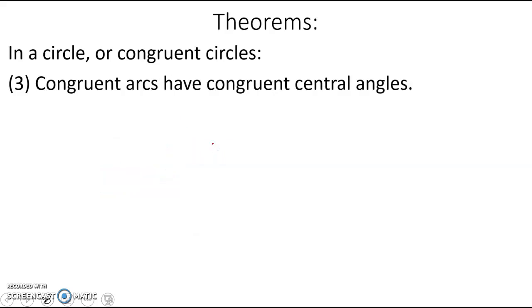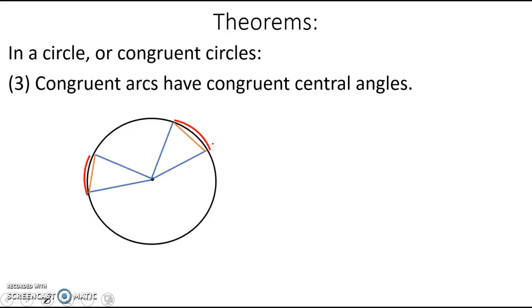And last but not least, in a circle or in congruent circles, congruent arcs have congruent central angles. So this is sort of like the converse of number 1. It says that here we have a circle. We have an arc here. We have an arc here. If those arcs are congruent, then these two angles here are also congruent.